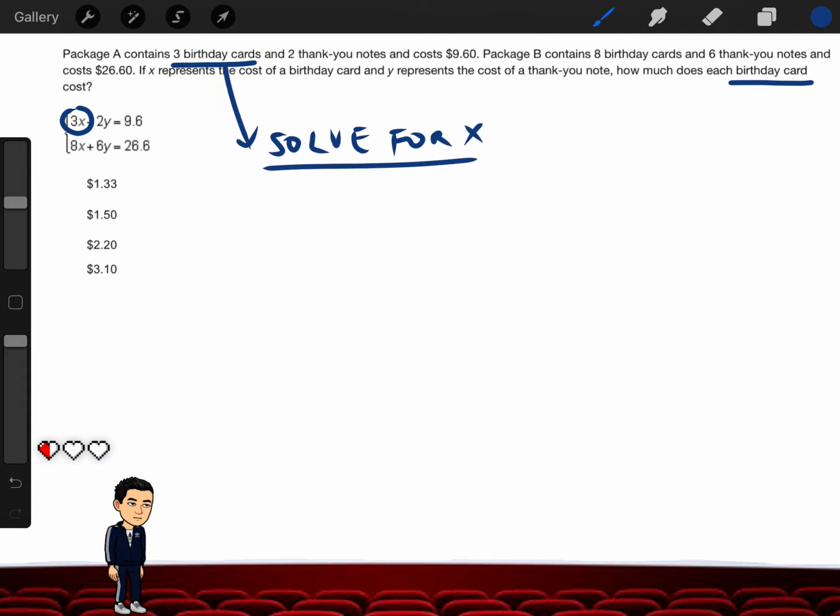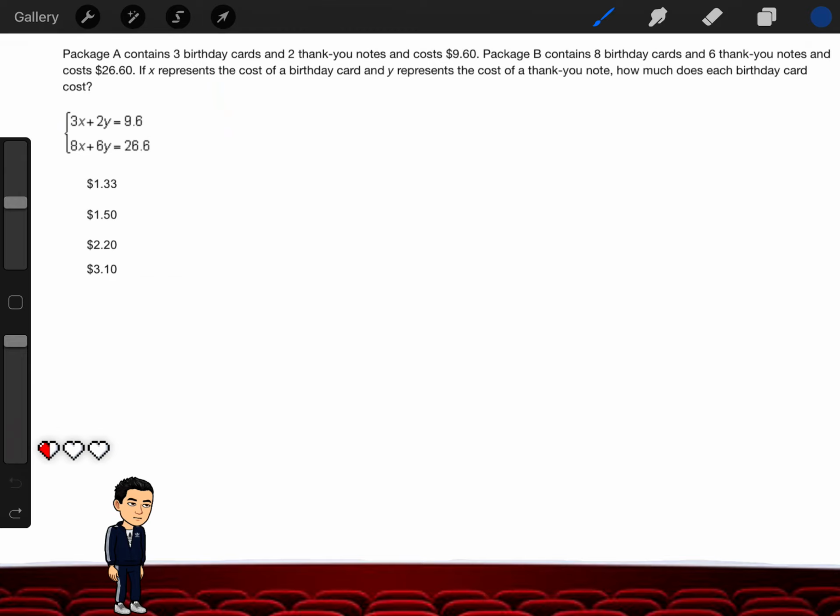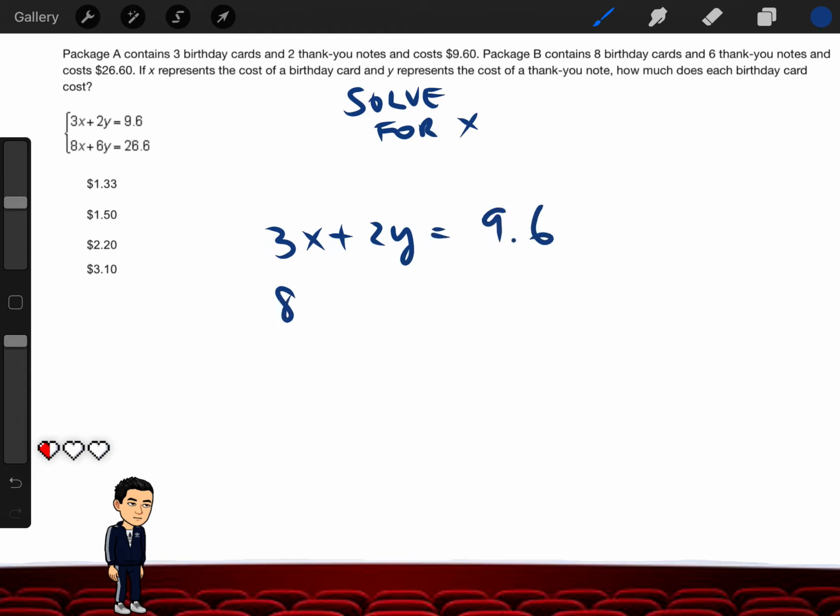So now I'm going to rewrite the equation. We're going to solve for x. So 3x plus 2y equals 9.6. 8x plus 6y equals 26.6.